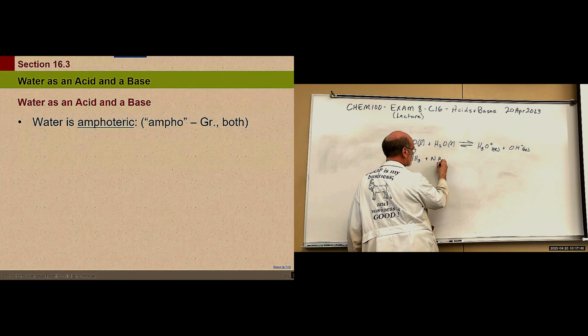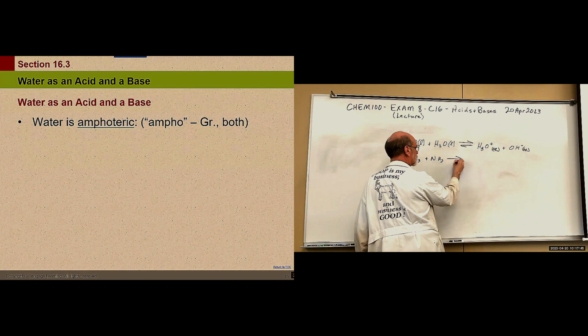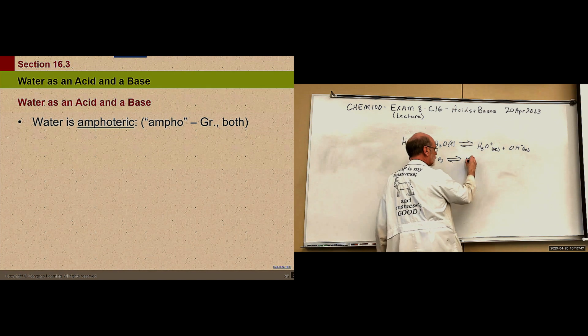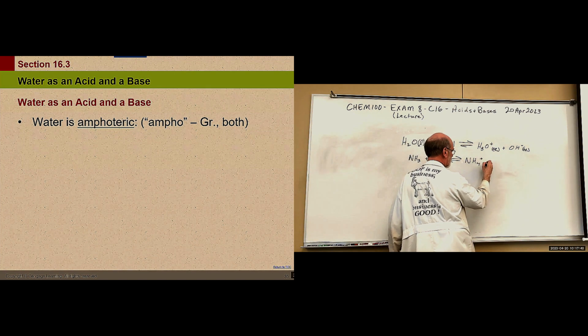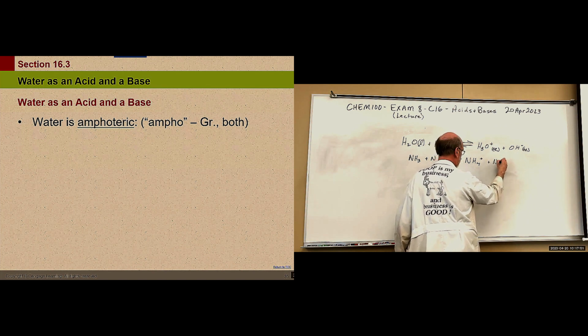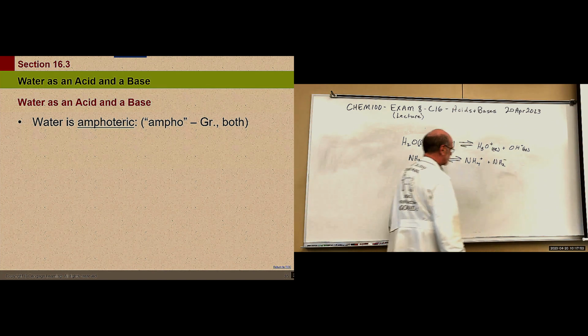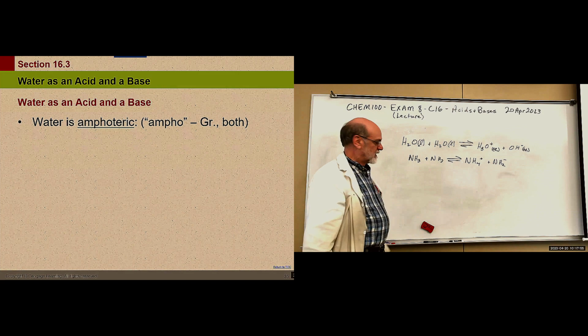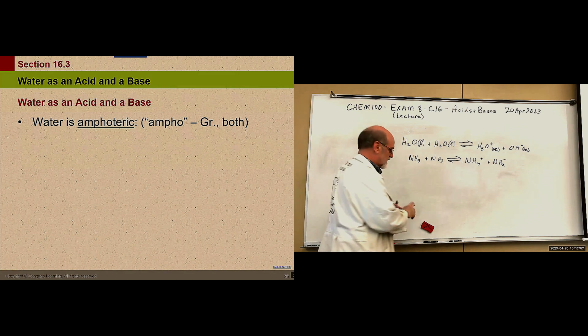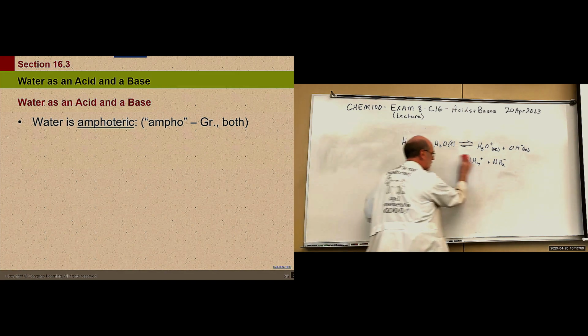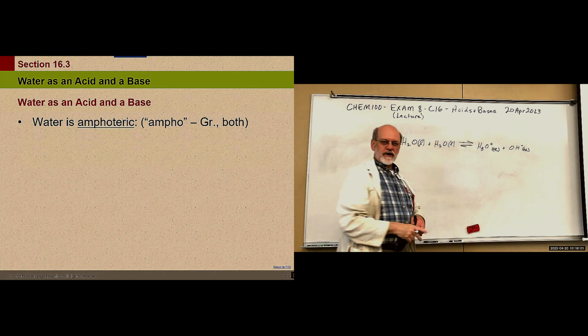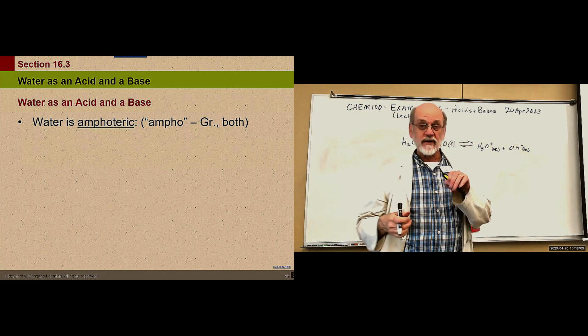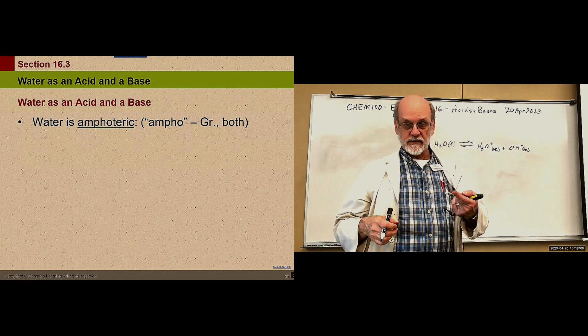Pure ammonia, what they call anhydrous ammonia. And it would also do one of these. Its amphoteric nature means that it can go both directions. But it's more important for us to study water because we're talking about aqueous solutions.